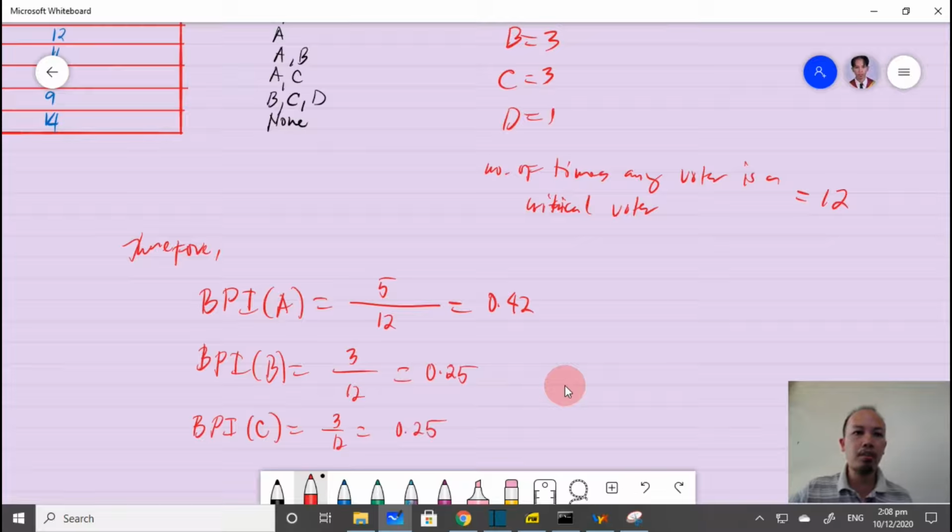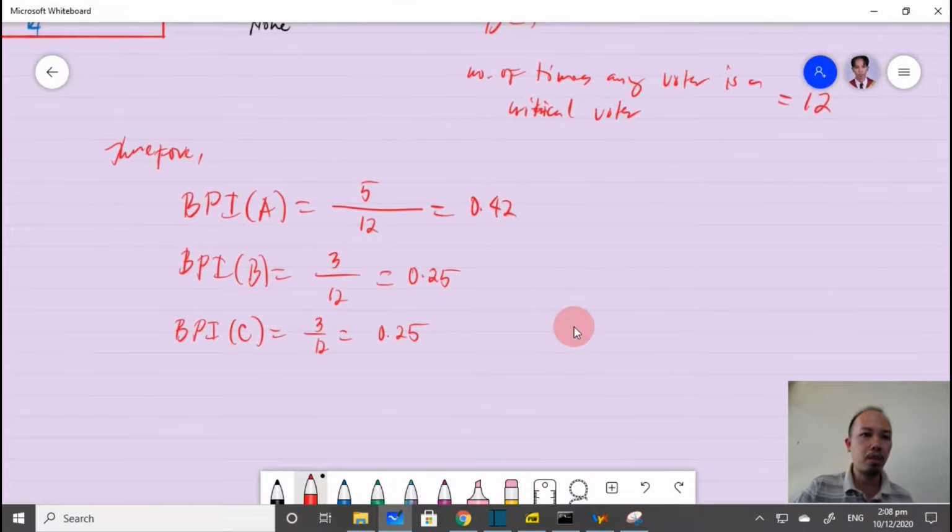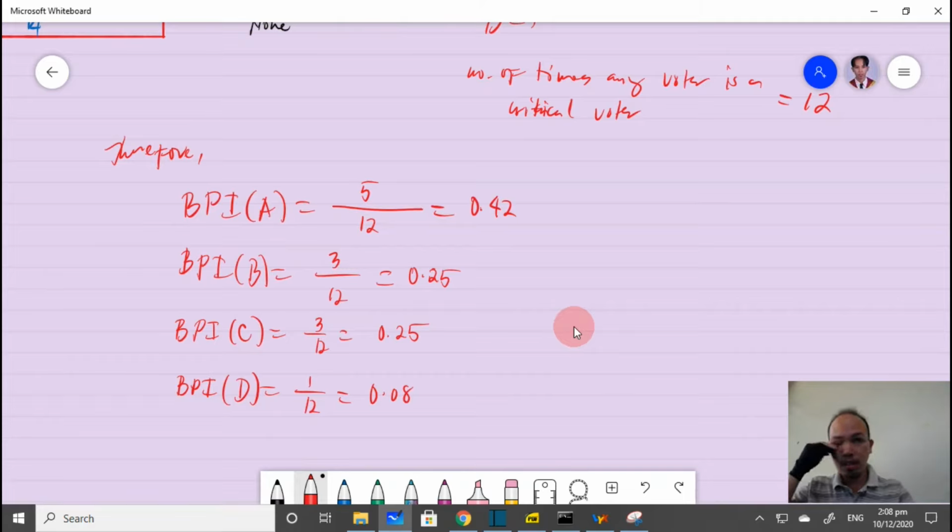And the last one, the BPI of D, we have 1 over 12. 1 divided by 12 is 0.08.